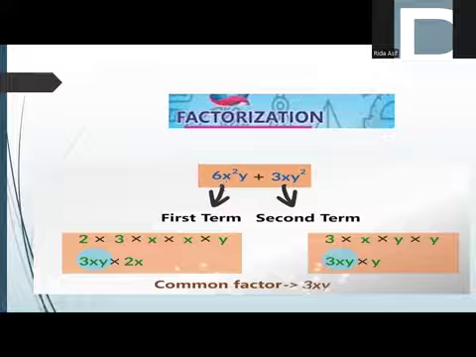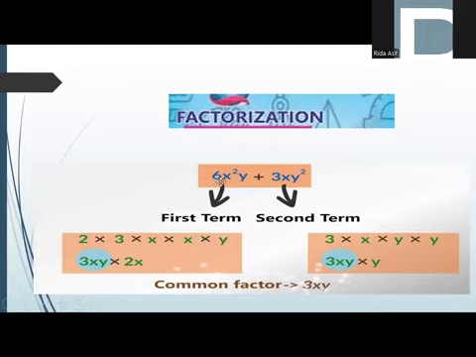Which method are we going to use here? Students, in such kind of factorization, when we have more than one term, we are going to do factorization in some different ways.